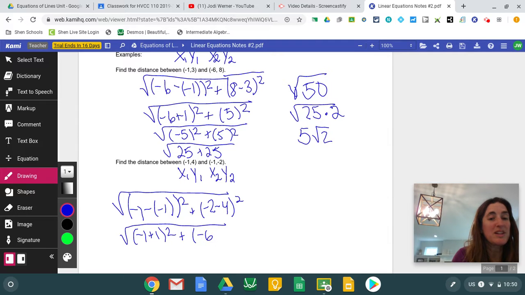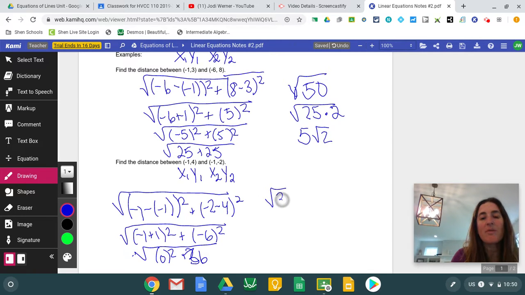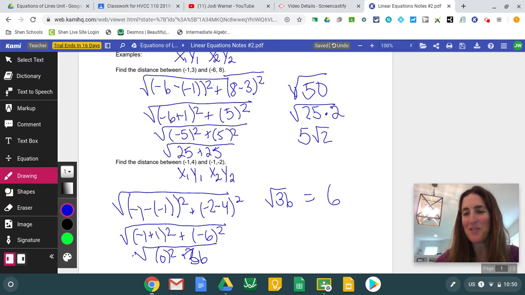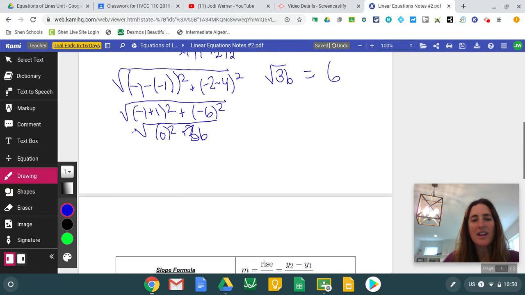Well, that's going to be crazy because you guys know that's really 0 squared. And this will turn into -6 squared, which is positive 36. Well, the 0 doesn't matter, so I have square root of 36, which is 6. I didn't have to simplify my radical. That was fun. Okay, let's move on to the back.